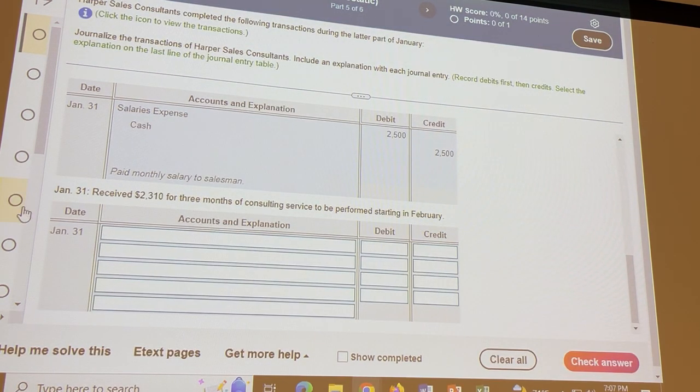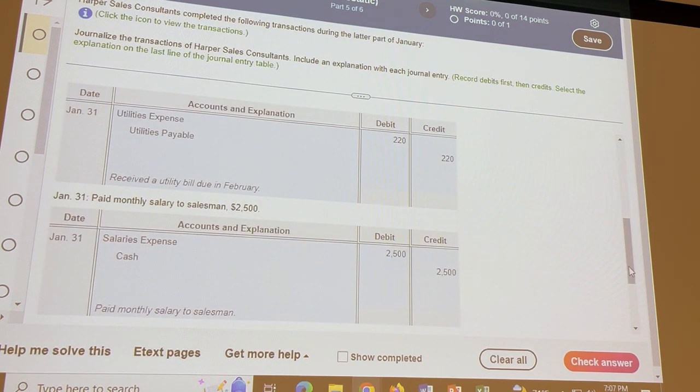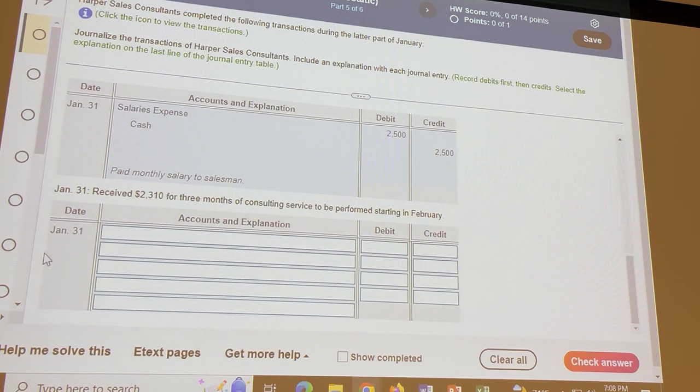Okay, then received $2,310 for 3 months of counseling service to be performed starting in February. So this is like the example in the lecture where we said that we can't count this as revenue because we haven't earned it yet. We haven't provided the counseling services yet. So instead, this is going to go into a liability account.